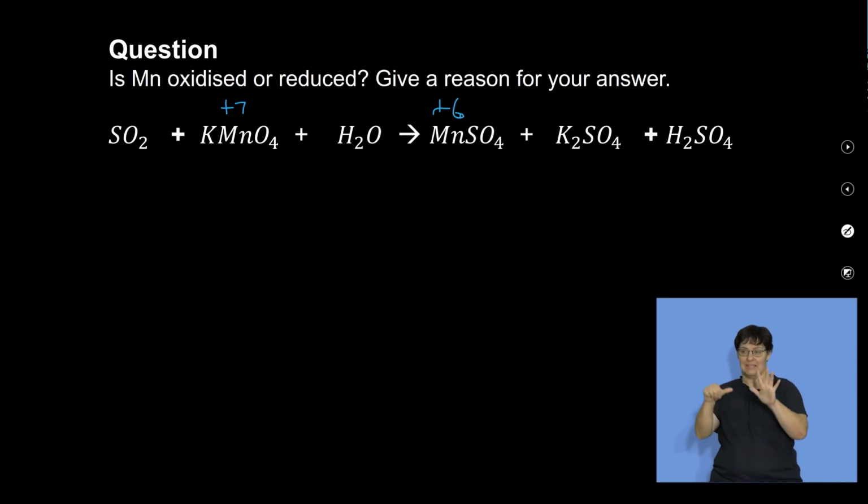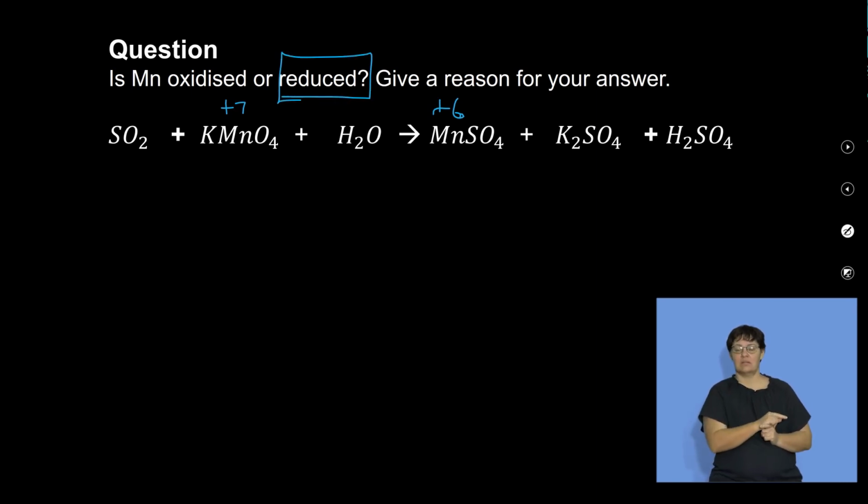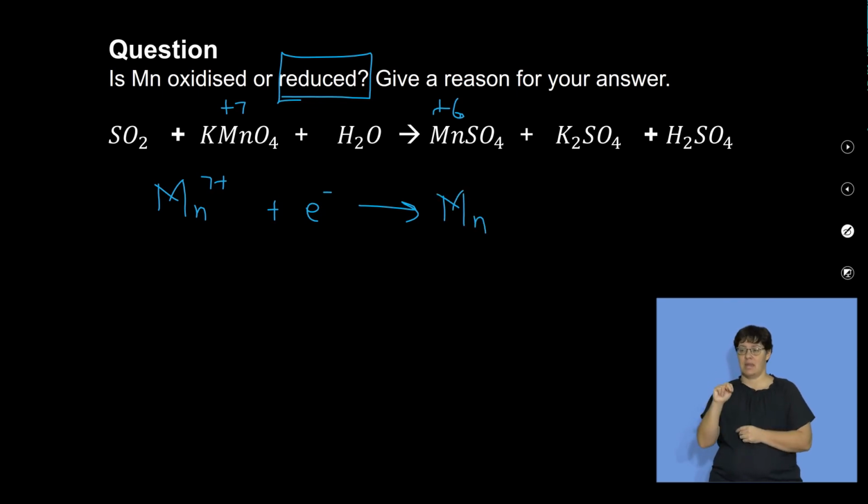The oxidation number has decreased, so manganese is actually reduced. We can represent this as manganese 7 plus, plus an electron, to give us manganese 6 plus. So it has been reduced because it has gained electrons, right?